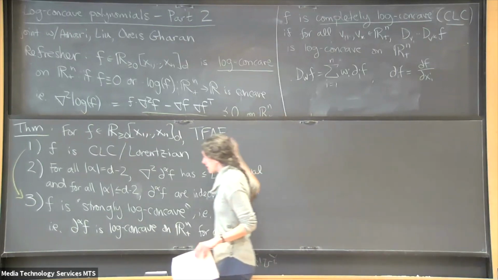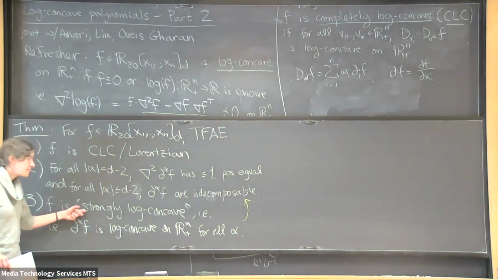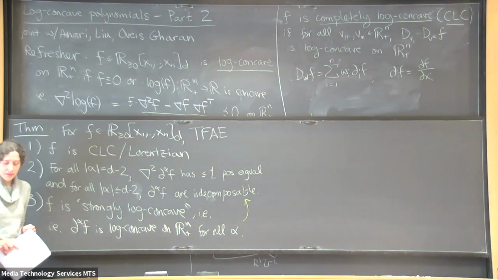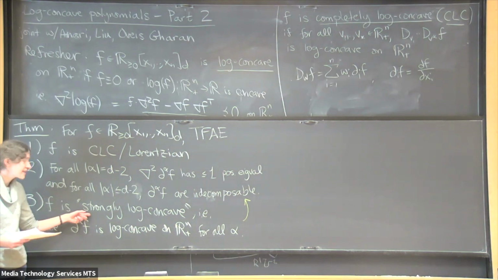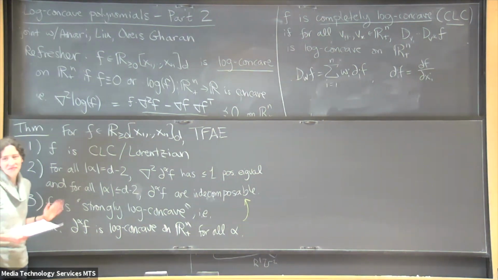So Gurvits, over 10 years ago, had a paper studying strongly log-concave polynomials and showing that they have, I'll state one of his theorems, that this is what you need for his capacity results. And he called them strongly log-concave. I don't know if he came up with this terminology, but it doesn't matter.